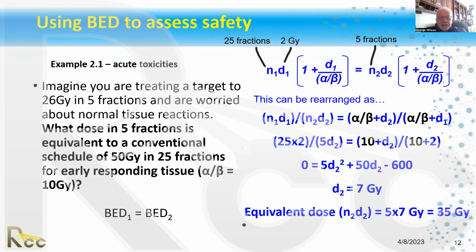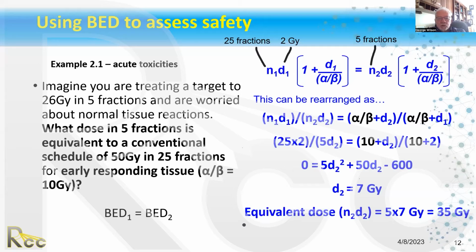Okay. That is now looking at toxicity analysis. So here we have an example where we're treating a target to 26 gray in 5 fractions, and we're worried about the normal tissue reactions. And so we're going to calculate what the BED is for an early responding normal tissue with an alpha beta of 10 gray, so something like mucosa.